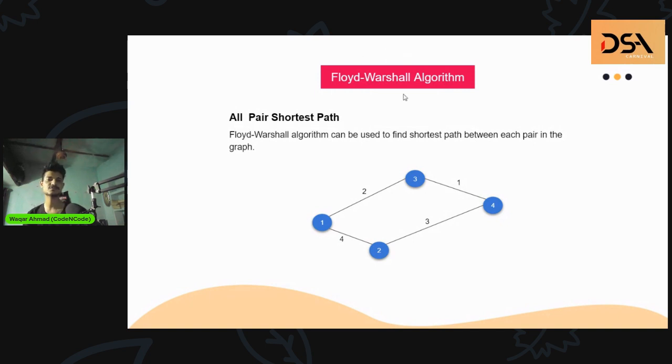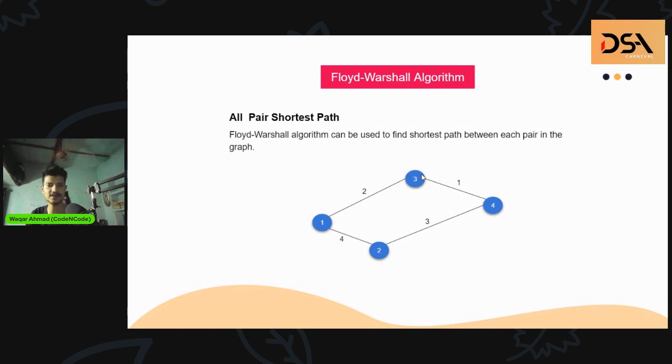So the next algorithm is the Floyd-Warshall algorithm. Using this algorithm you will be able to find the shortest path between each pair of nodes in the graph. There is no specified source. For example, Dijkstra or Bellman-Ford uses a single source and then finds the minimum distance to every other node. Here, we need to find the distance of every node to every other node.